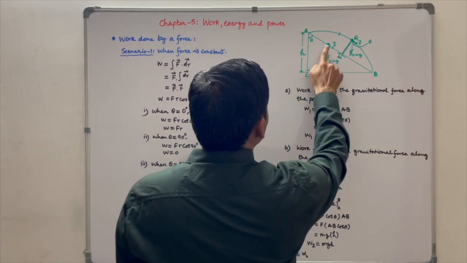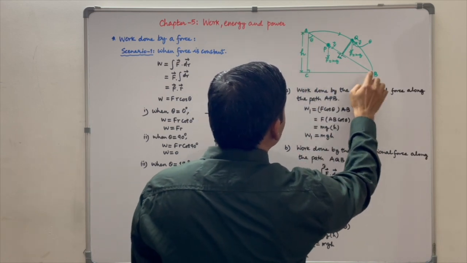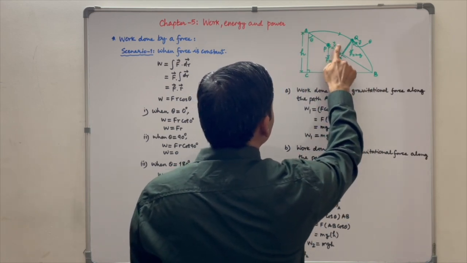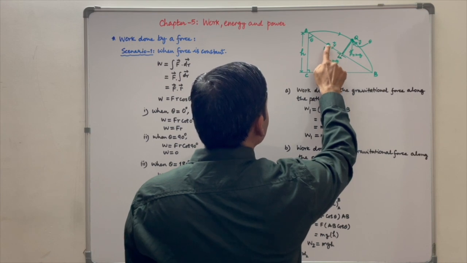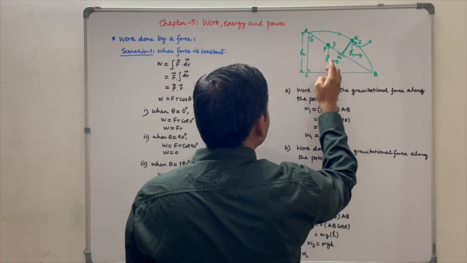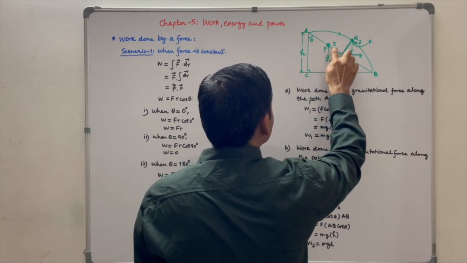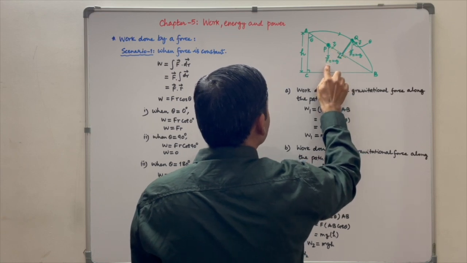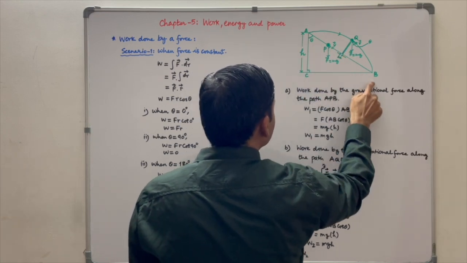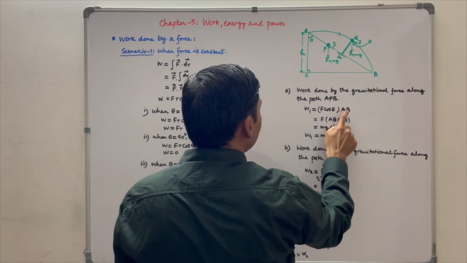Consider a particle is moving along the straight line AB. Its mass is m and velocity is v. Force acting on it is gravitational force that works vertically downwards. Its component along the velocity or displacement is F cos theta. So work done by this force from point A to B is given by F cos theta into AB.